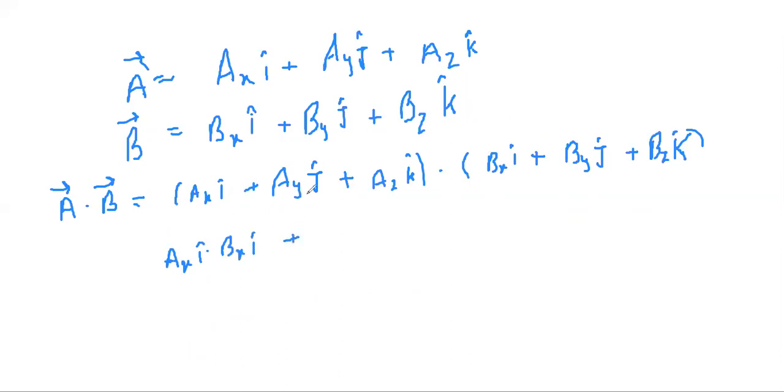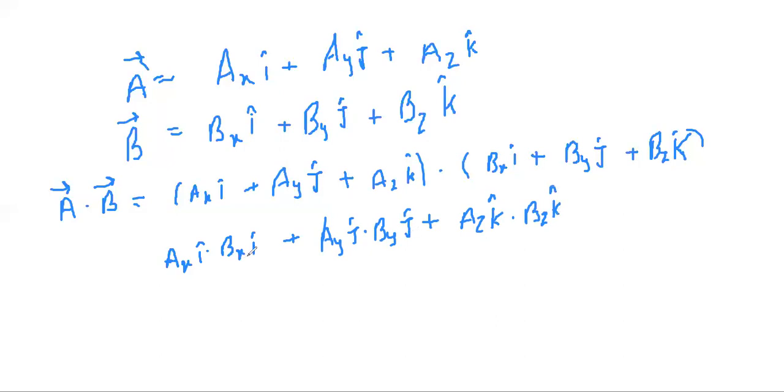And similarly, for this, you will get AY J dot BY J, because the other products would be 0. Similarly, for Z, you will get AZ K cap dot BZ K cap.